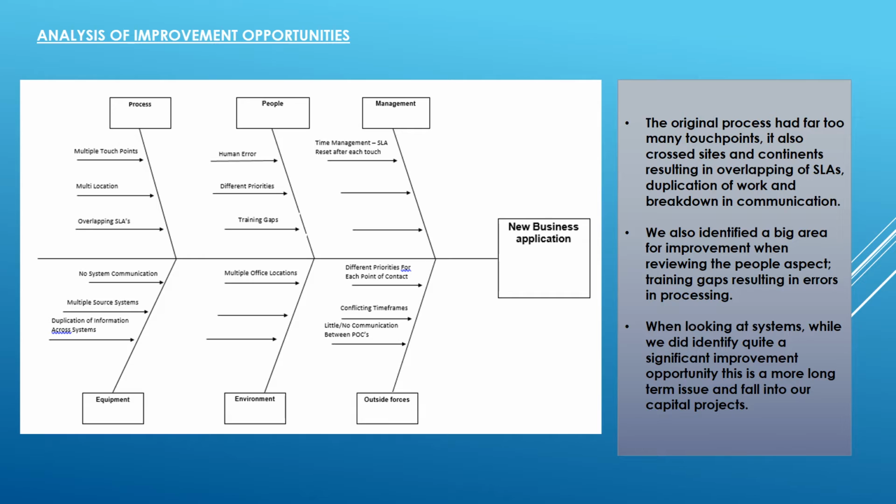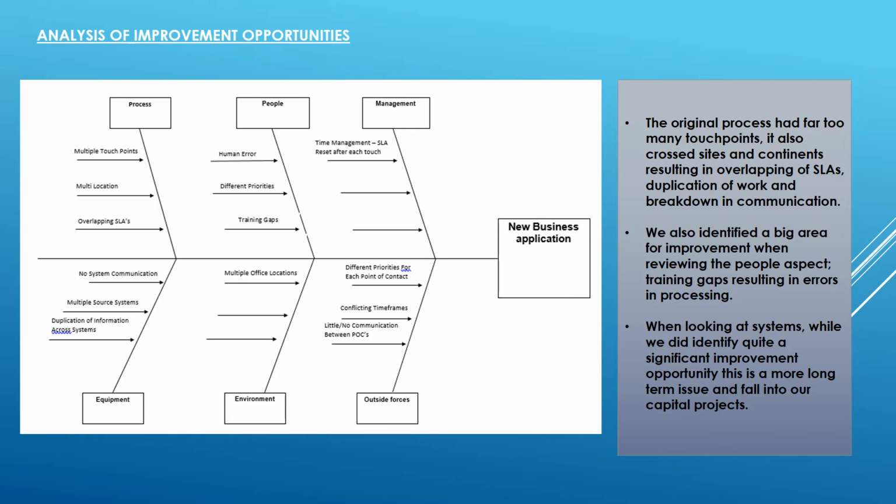Was it the equipment that we use? Was it our environment, our workplace, or was it outside forces? Unfortunately, if our main driving factors turned out to be the outside forces, I wasn't sure how much we could do to actually improve this. We could liaise with the outside forces, but we don't have the ability to change this at this stage, I'm afraid.